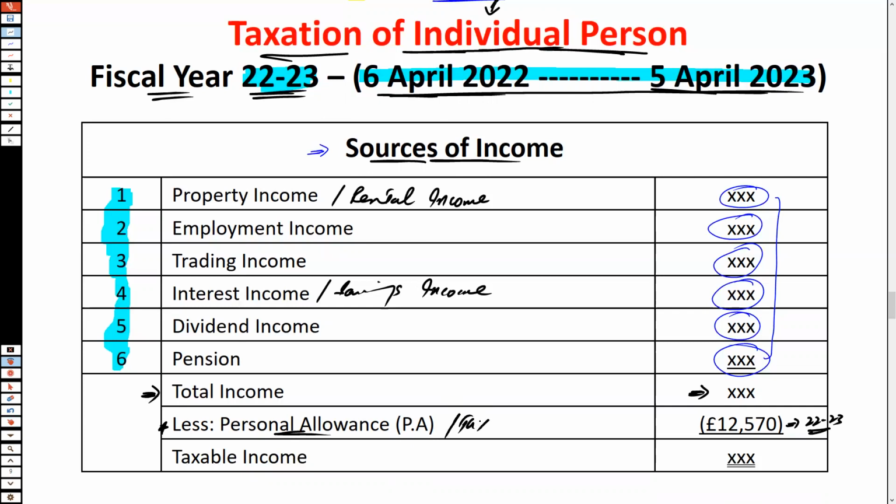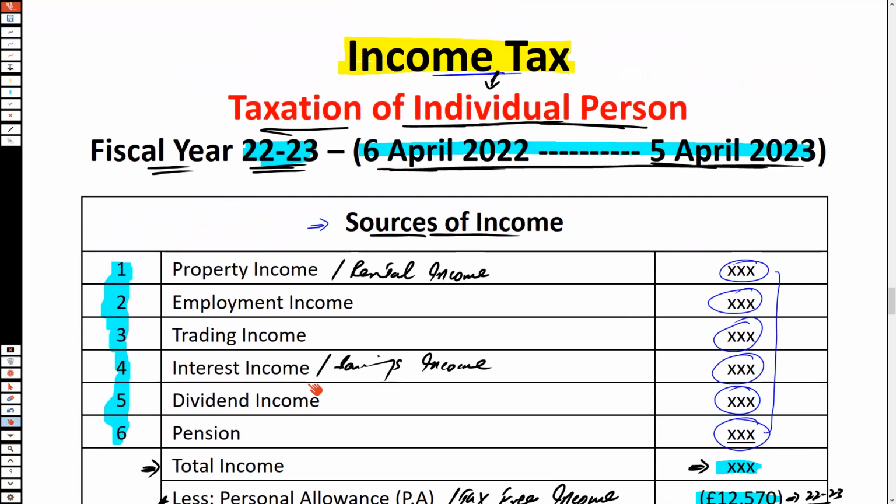Personal allowance can be understood as tax-free income. To this extent, if you are getting any income, there is no taxation. From the total income, deduct the 12570 as personal allowance. Finally, the taxable income is calculated, and this taxable income is subject to taxation to calculate the income tax liability.